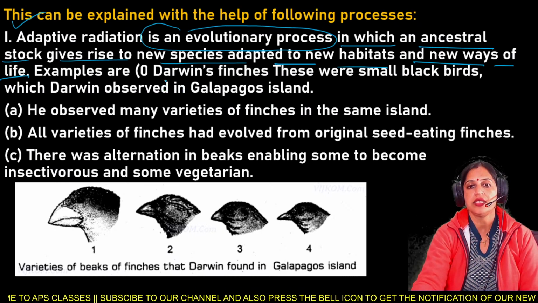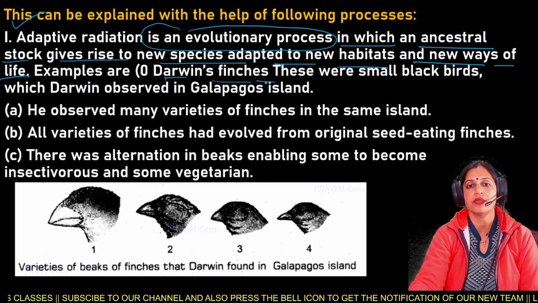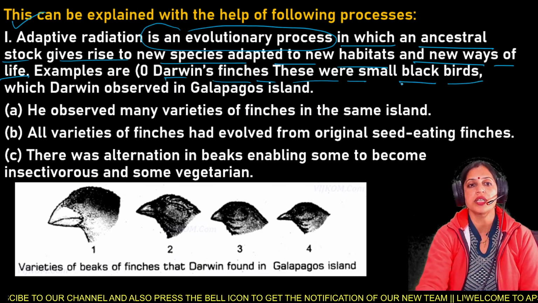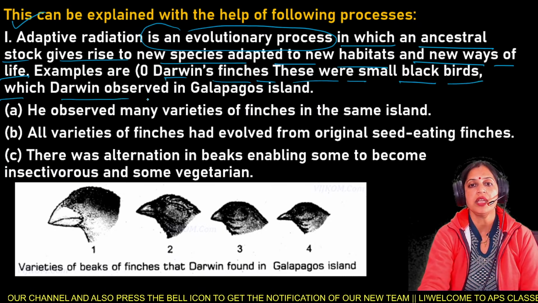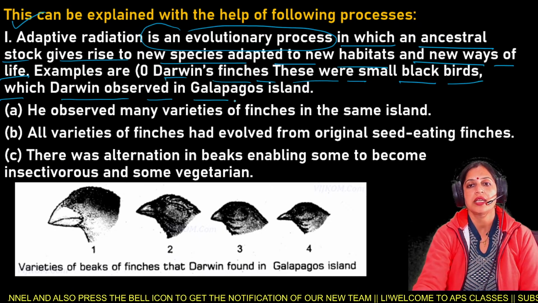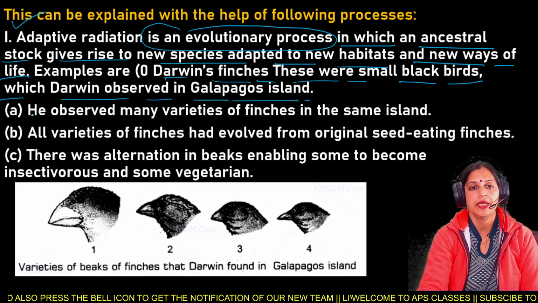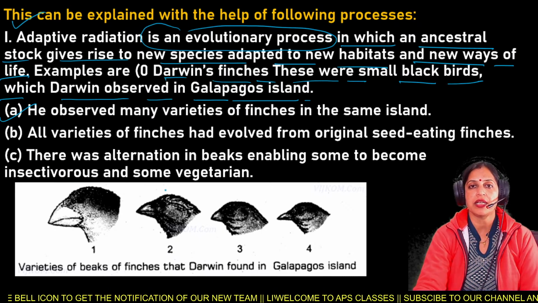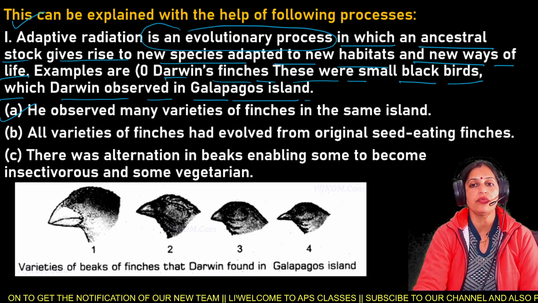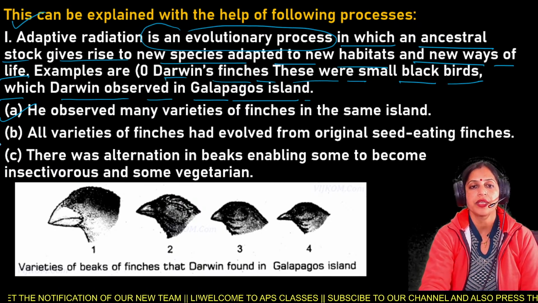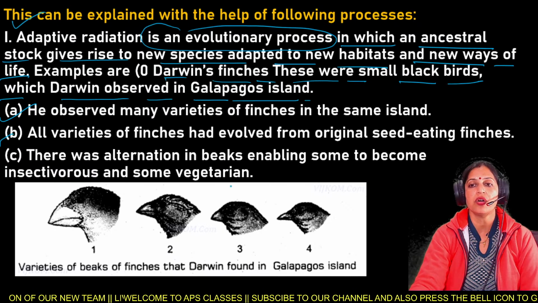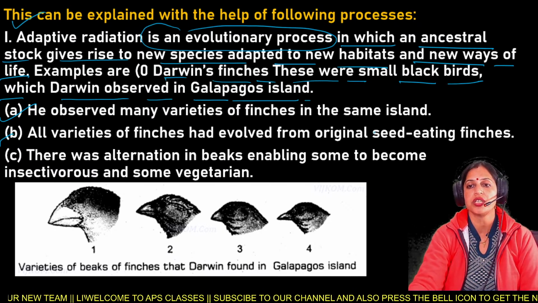Examples are Darwin's finches. These were small black birds which Darwin observed in the Galapagos Islands. He observed many varieties of finches on the same island. All varieties of the finches had evolved from the original seed-eating finches.